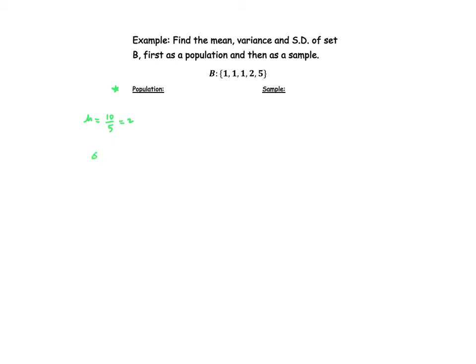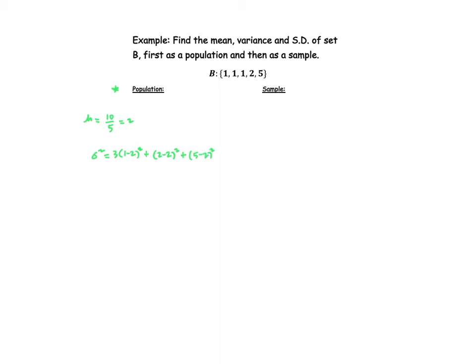Okay, so sigma squared, our variance, is going to be each of the individual terms, 1 minus 2 squared. Now, instead of writing out 3 of those, I'm actually just going to multiply that by 3. I would have 3, 1 minus 2 squareds. Then I would have 1, 2 minus 2 squared. Then I would have 1, 5 minus 2 squared.